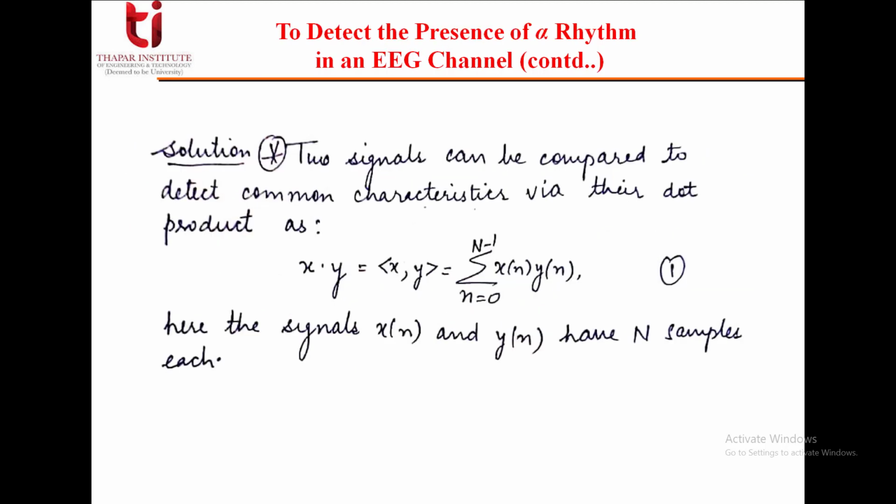The two signals can be compared to detect the common characteristics via their dot product. As you can see in equation 1, x dot y is given as the summation, n running from 0 to N minus 1, of the product of x[n] and y[n]. Here the signals x[n] and y[n] each have N samples.